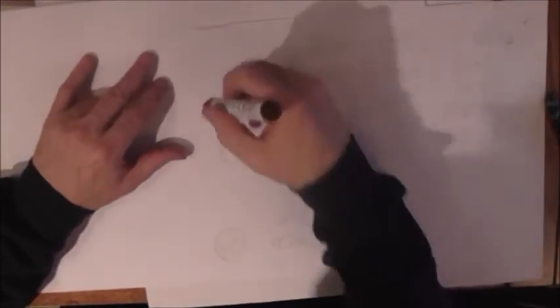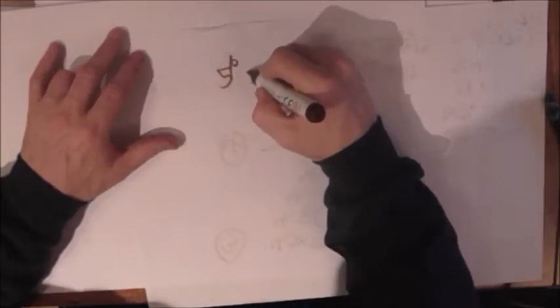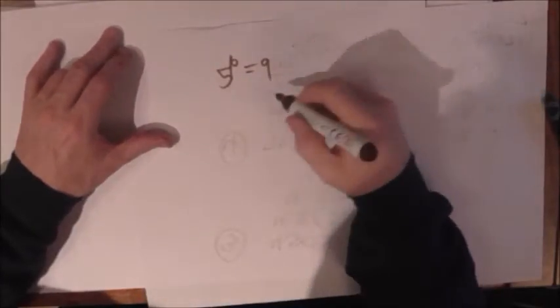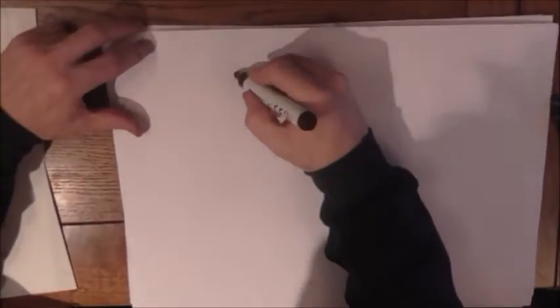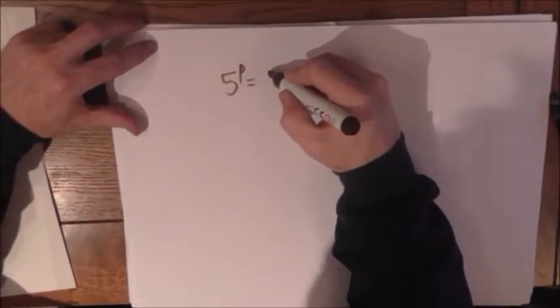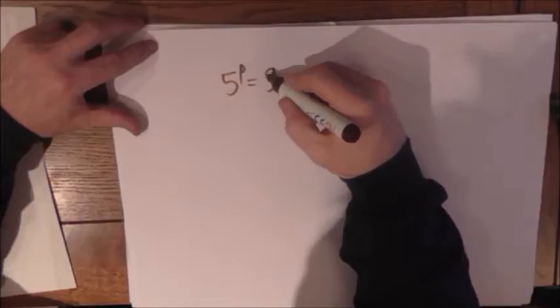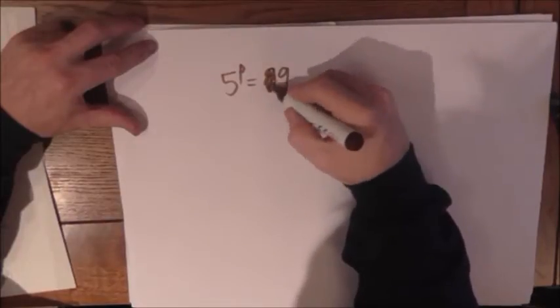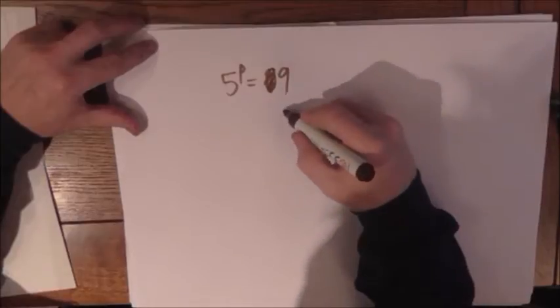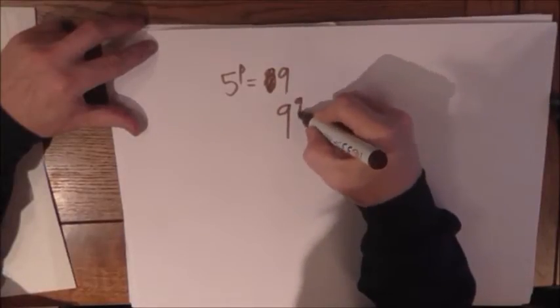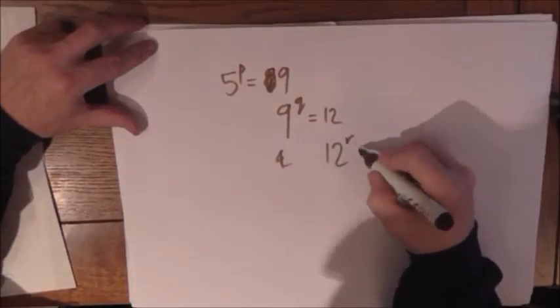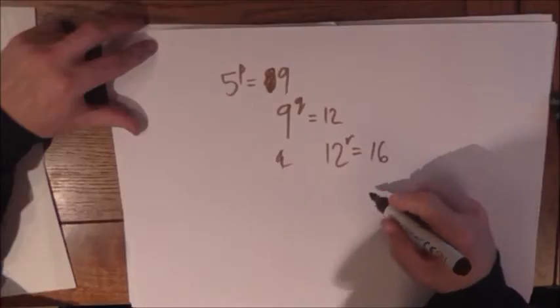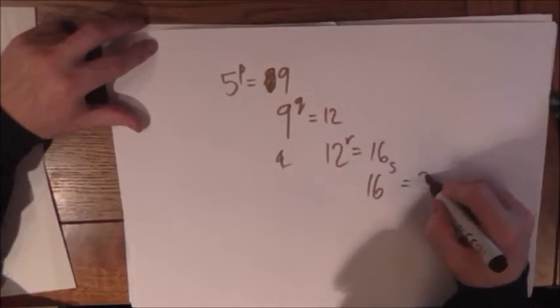Question number 5. So we're given that 5 to the power of p equals 9, and then 9 to the power of q equals 12. 12 to the power of r equals 16. 16 to the power of s equals 20.